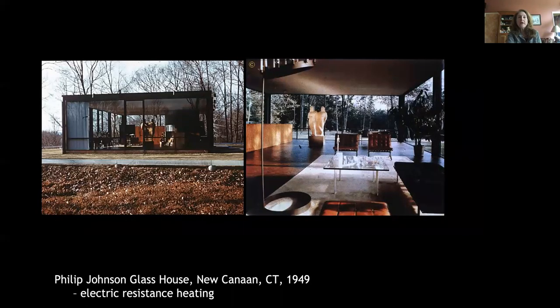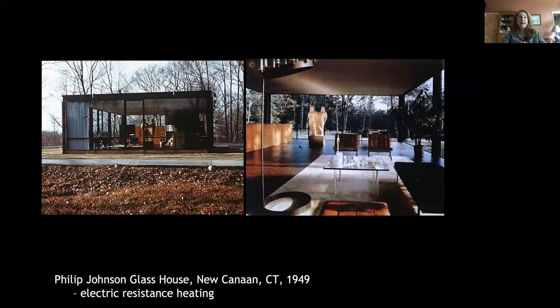So 40 years later, Philip Johnson's glass house is in a very cold climate. He did things very differently. He wanted floor-to-ceiling glass on all the walls, incredible visibility, but this is a very uncomfortable environment to be in when it's very cold.